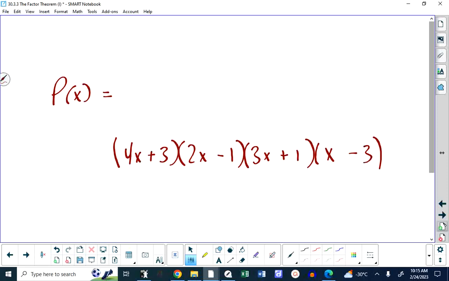The answer is you would never be given something that factors into that, because you would only be able to extract with the factor theorem the x minus 3, and you would be left with a cubic that has no x minus a factors, and you can't factor that. You'd have to use a different theorem. So you would never see that.